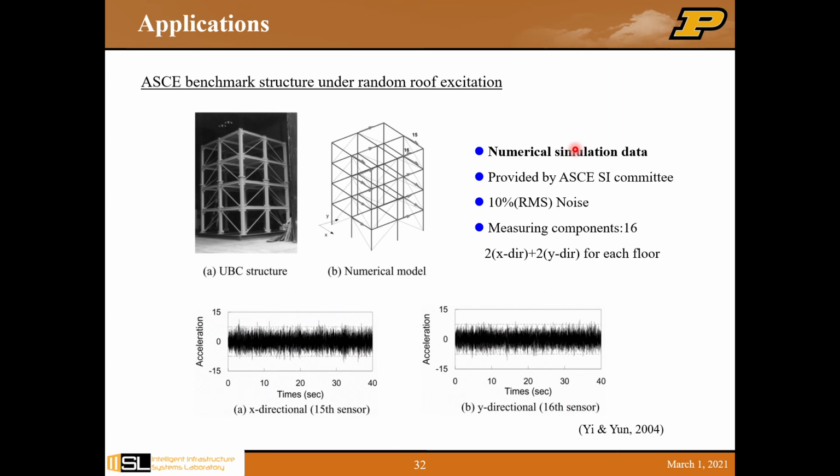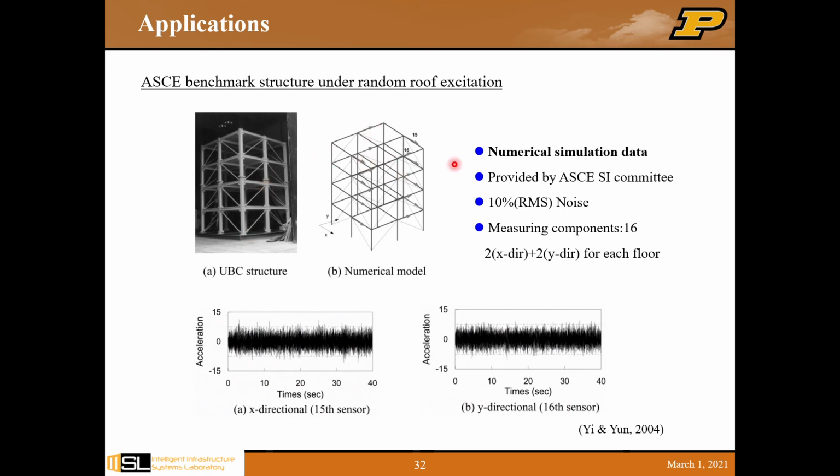Before talking about the details of their strategy accuracy, let's first describe some background of the AAC benchmark problem. It is actually a frame structure, and the physical structure is sitting at the University of British Columbia, and correspondingly, it has a numerical model to represent it.